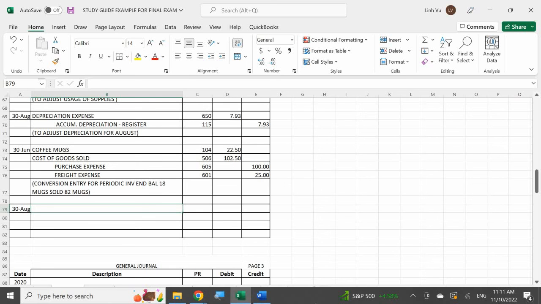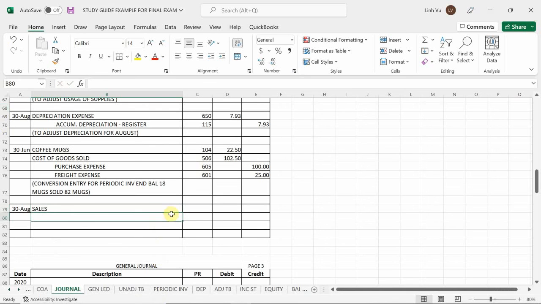Okay, you're going to do sales. You're going to debit your sales, and then you're going to credit your income summary. Correct, right? We're going to zero out all of our accounts for my revenue.